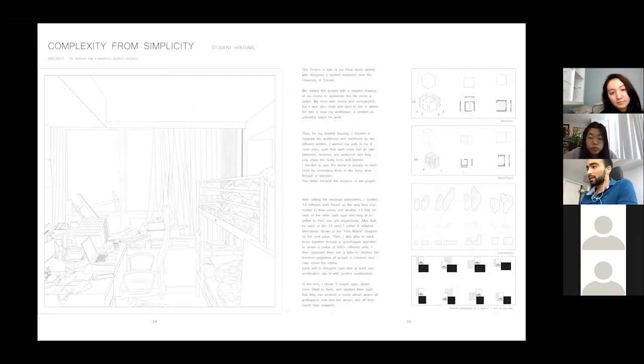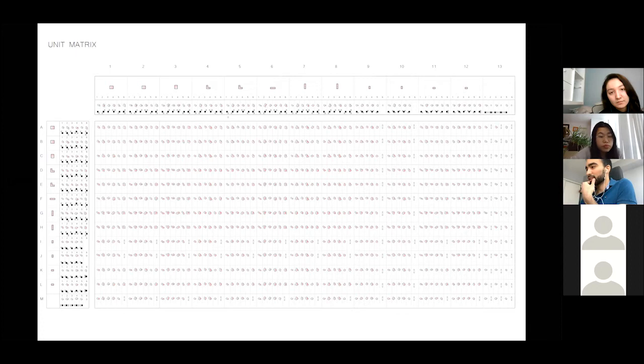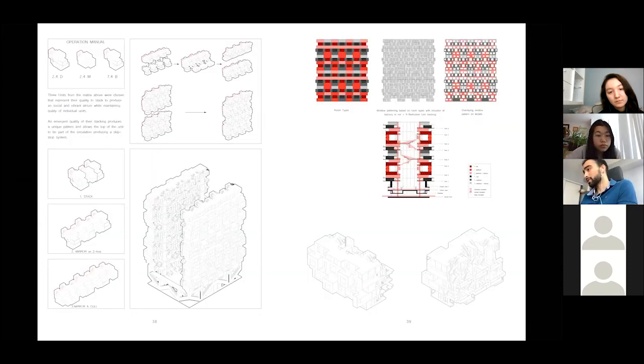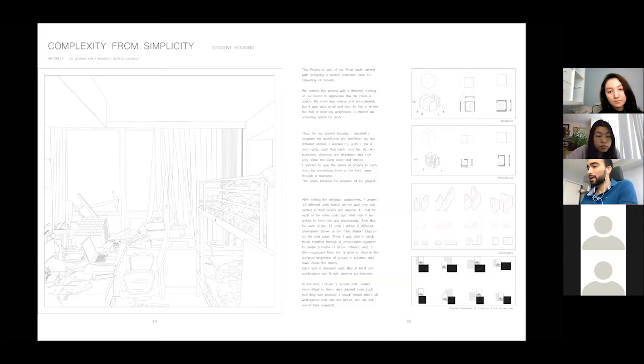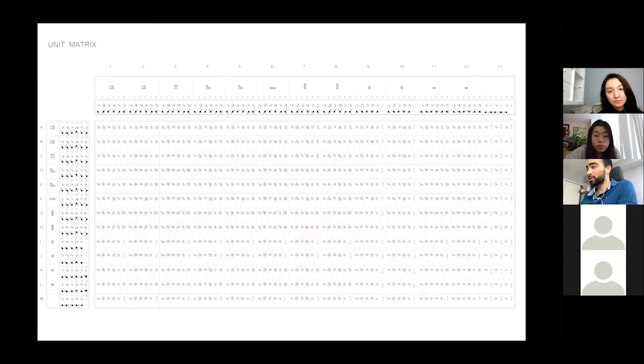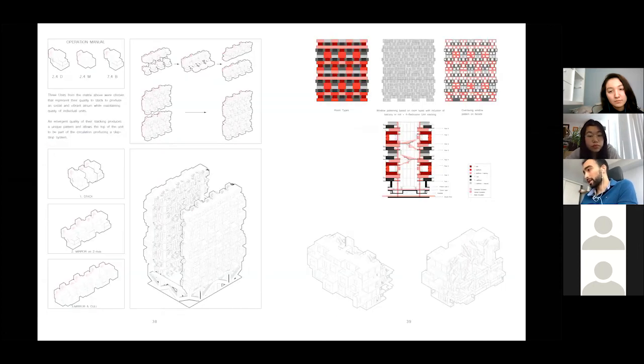But what I tried to do with this project is I post-rationalized it and wrote about it in my personal statement to explain it. At the same time, I also tried to relate it to the research of one of the profs at MIT, which is kind of bullshit. I didn't actually base it on her research, but it happened to relate to it.